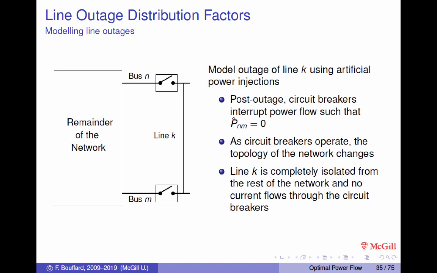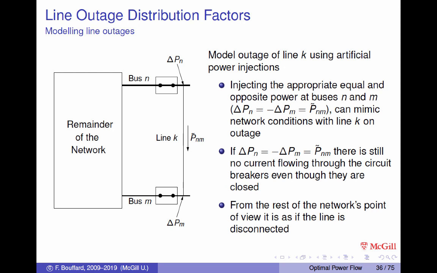Obviously, if we open the breakers at both ends of the line, we have a post-outage flow here, which is basically zero. And effectively, there's no power going from the line to bus N now. So the topology of the network has changed, and line K is completely isolated from the rest of the system. These are the key observations here.